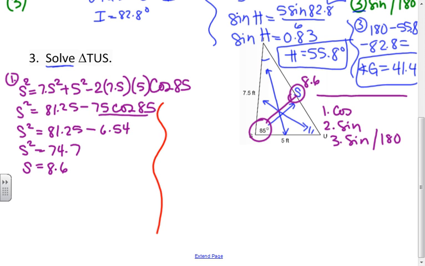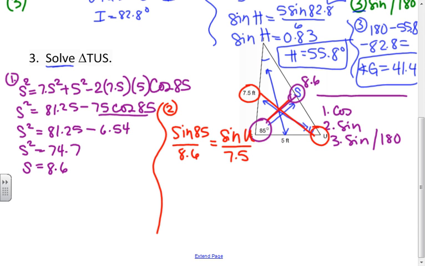Now I can go ahead and use the law of sines on any of the angles or sides. So let's just find u. So I have the sine of 85 over 8.6 is equal to the sine of u over 7.5. Cross multiply and divide, and I end up with the sine of u being equal to 7.5 sine of 85 divided by 8.6.